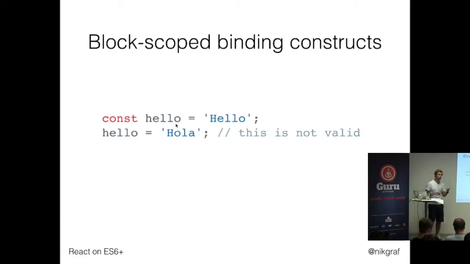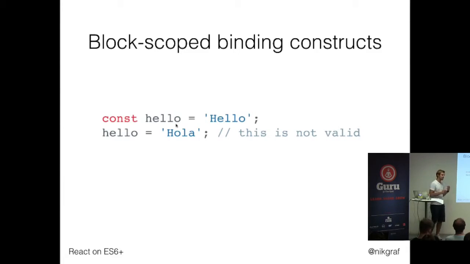There are two new constructs. The first one is const, and the second one is let. Both, as the name already says, are block scoped. My favorite one is const. Const has the same scoping as let, but there's one really neat thing: it's a single assignment.